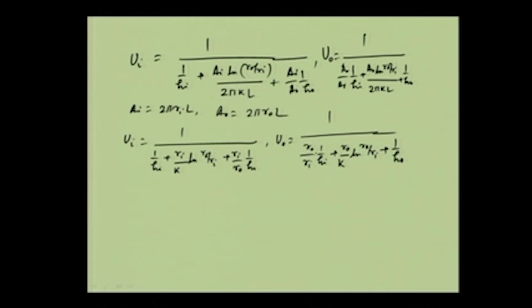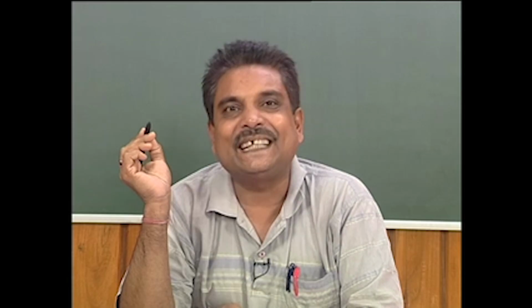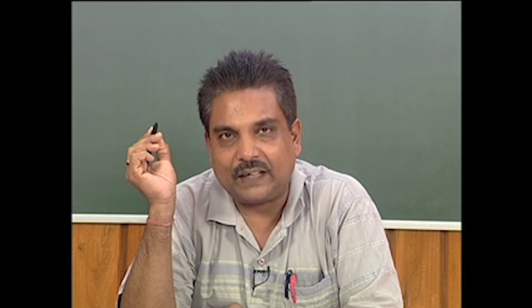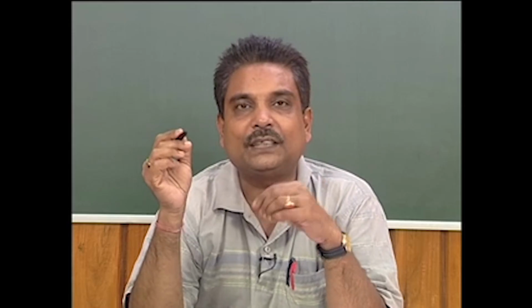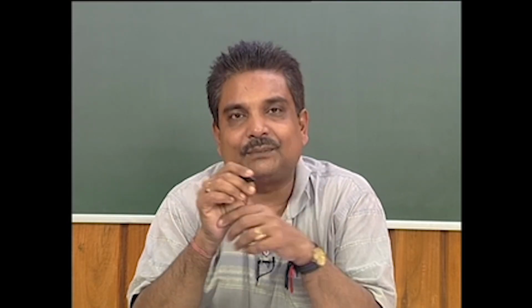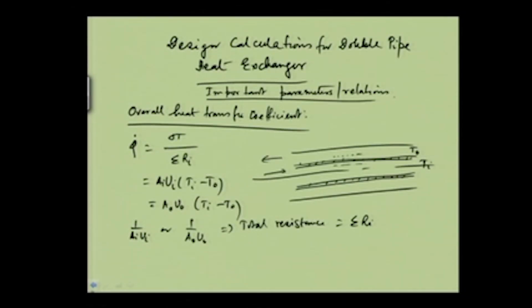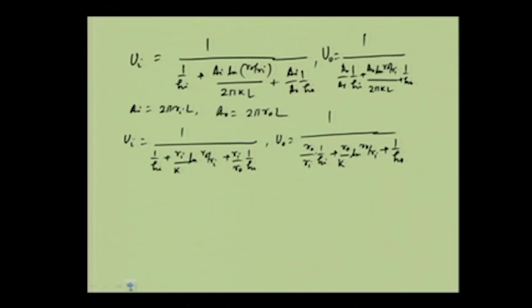Now, here one thing we have not taken into consideration, which is called the scale factor or the dirt factor, whatever it is, that happens due to the deposition of scales on the surface of the tube. As we have seen in the first case, there is a tube and there is another possibility, the addition of resistance due to formation of scale on this surface and on this surface. This is also called the dirt factor.